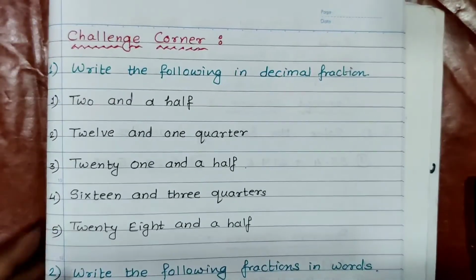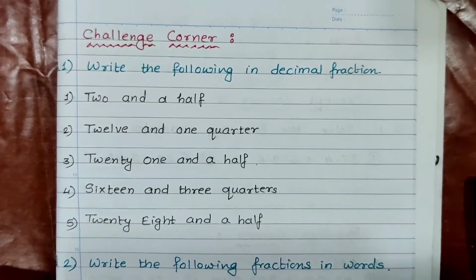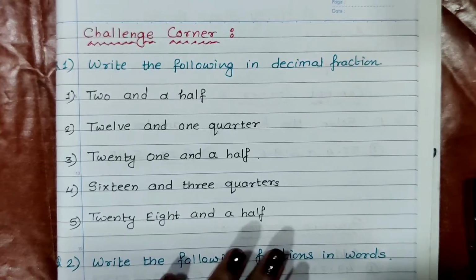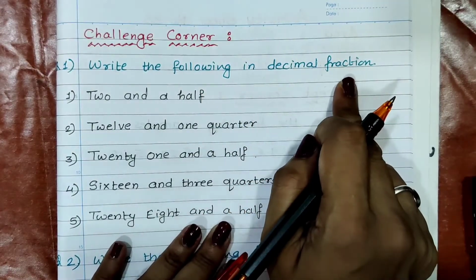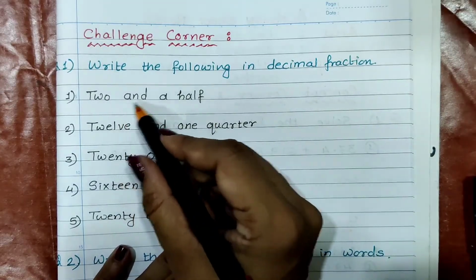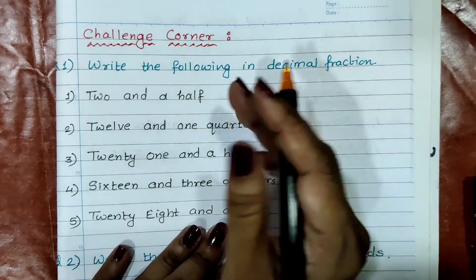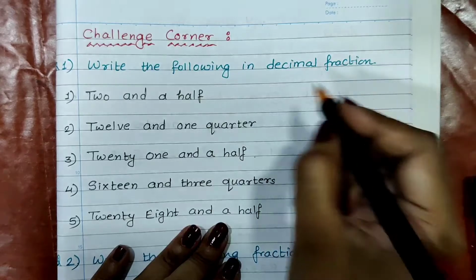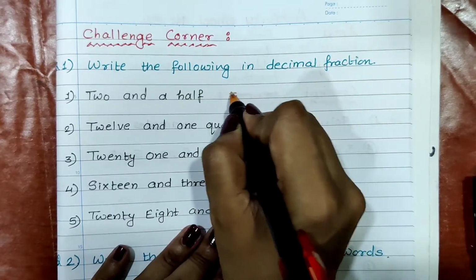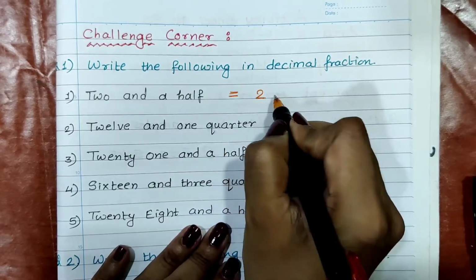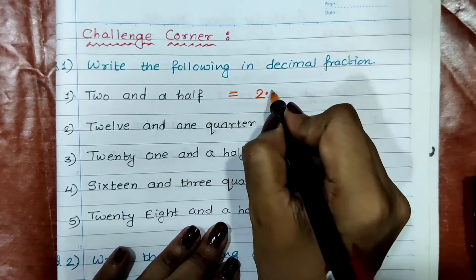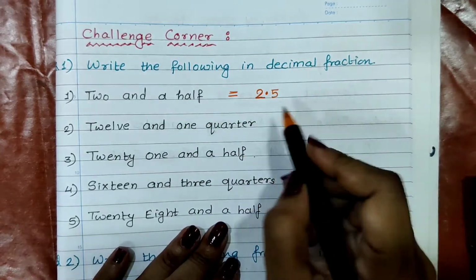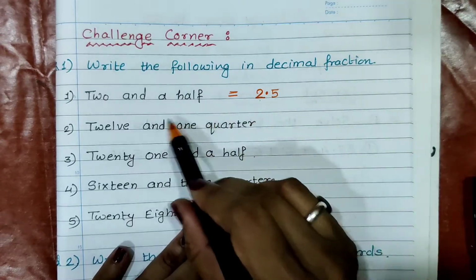Next question is from challenge corner. The question is, write the following in decimal fraction. So again, 2 and a half. Now I am not going to write it in the mixed fraction. Directly we will be writing in decimal fraction. 2 and a half means 2 point, and half means what? 50 or only 5. 2.5 is 2 and a half.